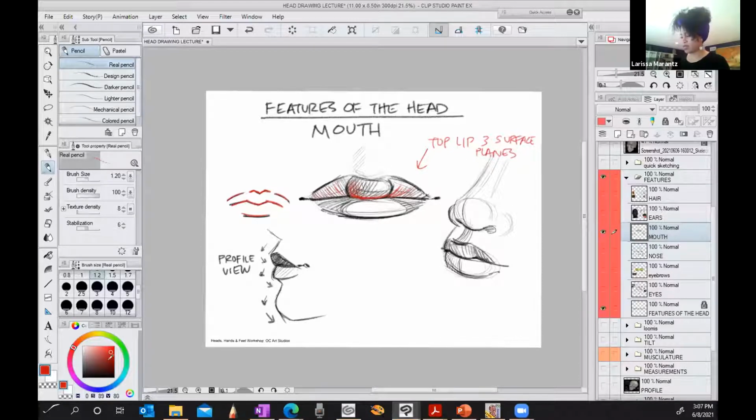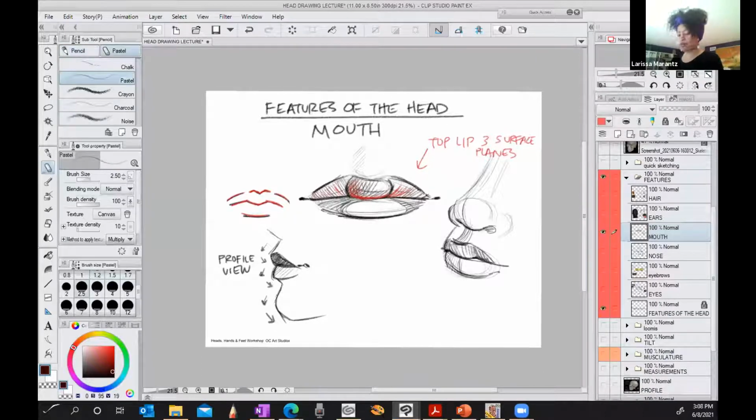And because that is facing down, let me get my pastel. Because it's facing down, it's often going to be darker than the bottom lip. Now, the bottom lip is more of an elliptical, spherical form, more rounded. Depending on whether you're wearing lipstick or lip gloss or whatever, you're going to have a highlight on this bottom portion of the lip.